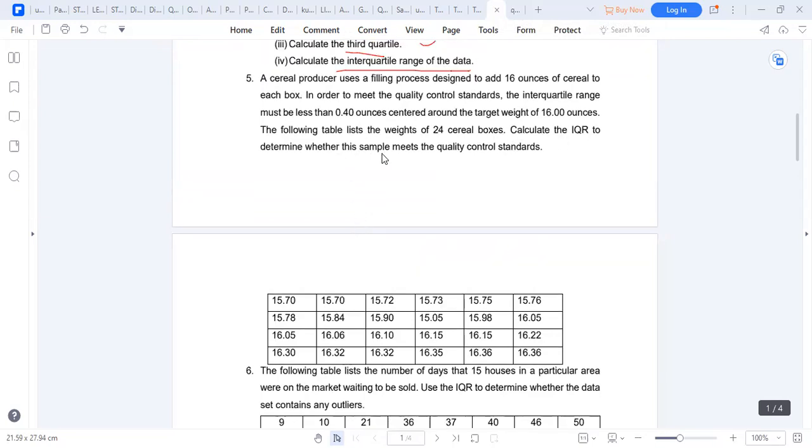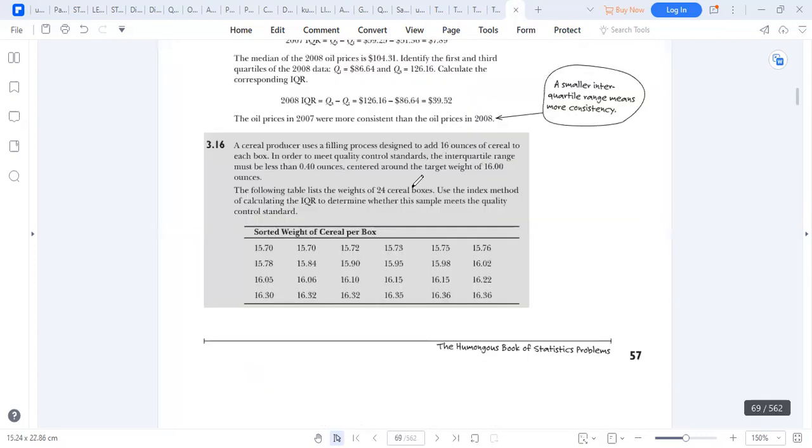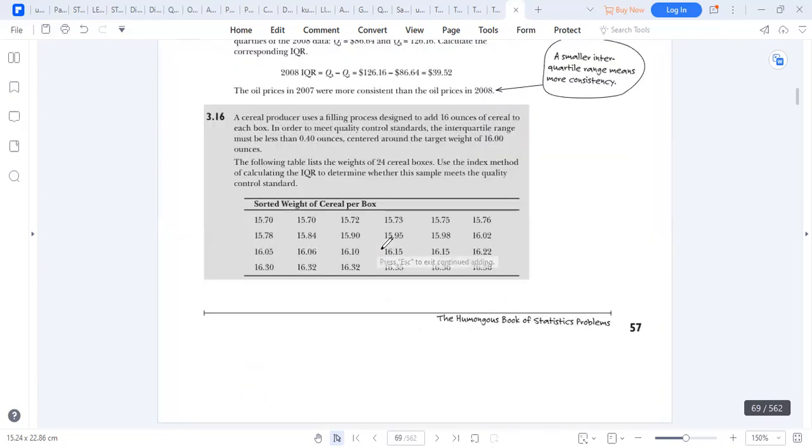Calculate the interquartile range to determine whether this sample meets the quality control measures. So we need to calculate the interquartile range. If we're given a data set like this one, remember, fortunately this data set is arranged in ascending order. How many are these? They are in total 24. So n is 24.